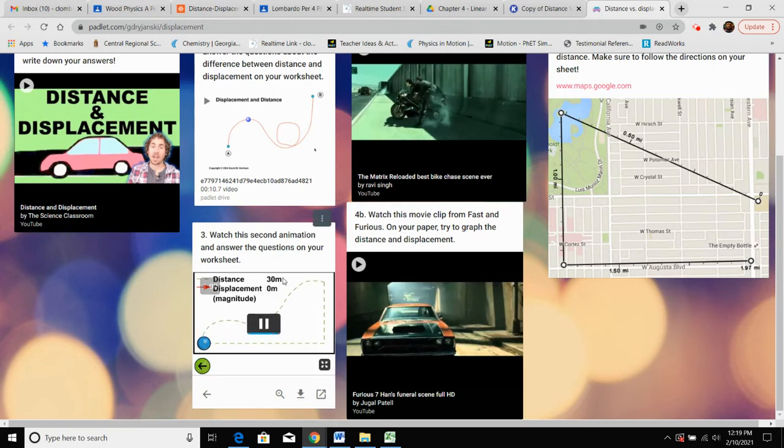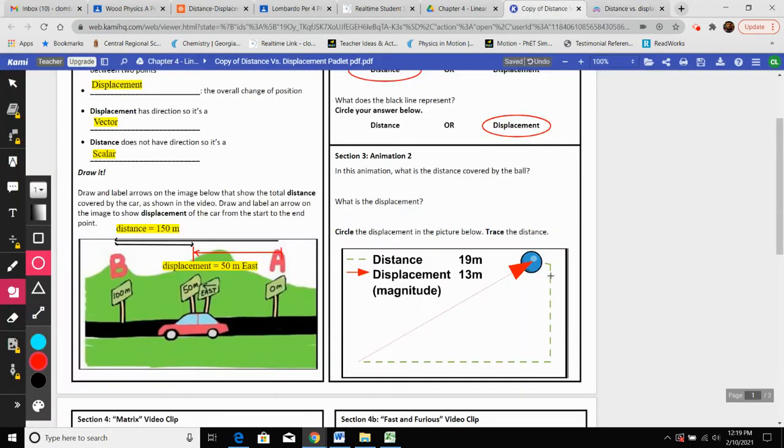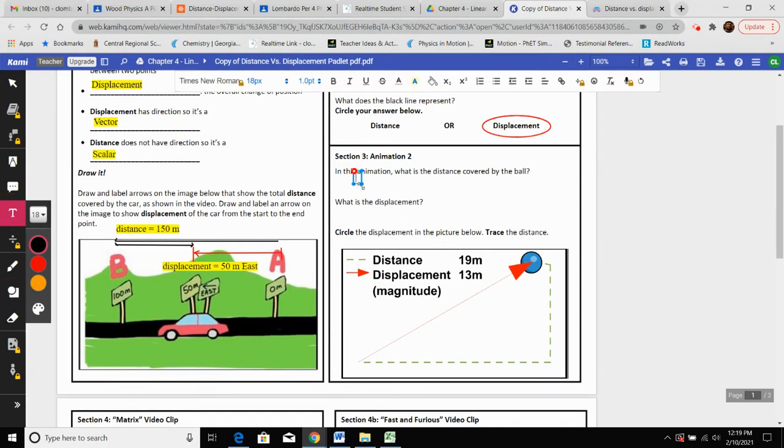It tells us that the distance is 30 meters in total. What about the displacement? Well, you finished where you started, so the displacement here is 0 meters.